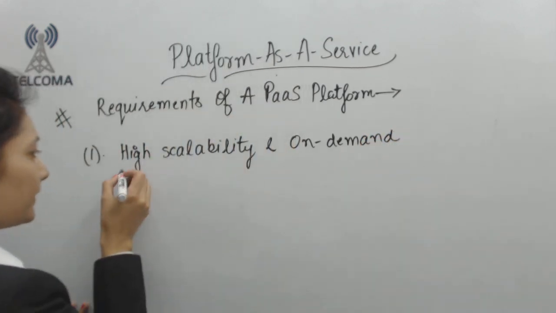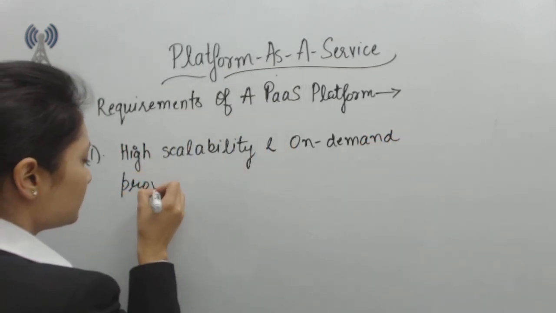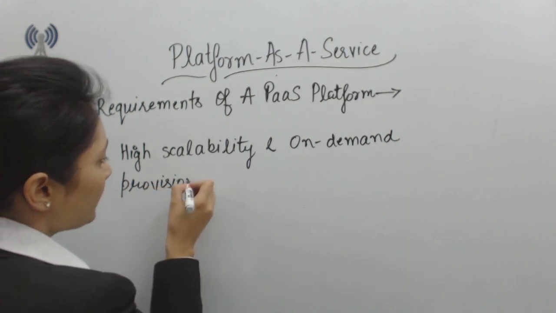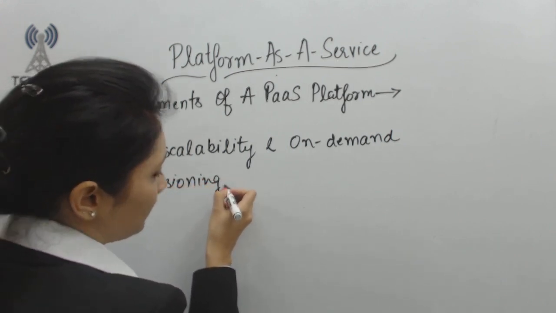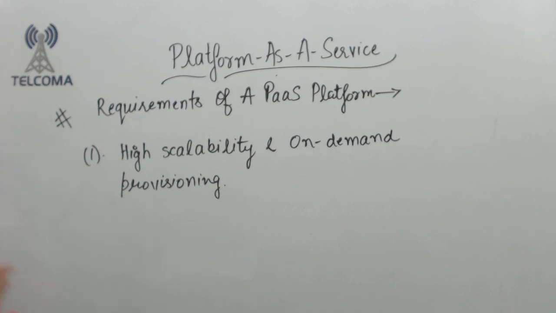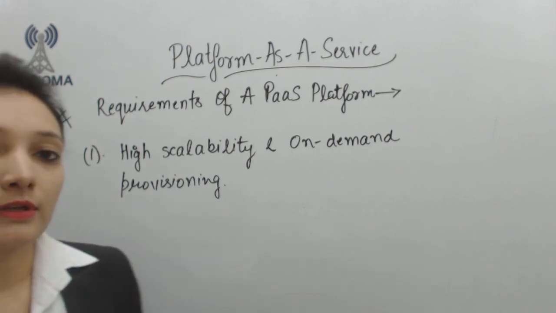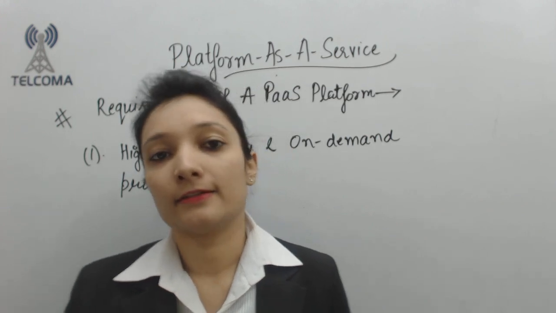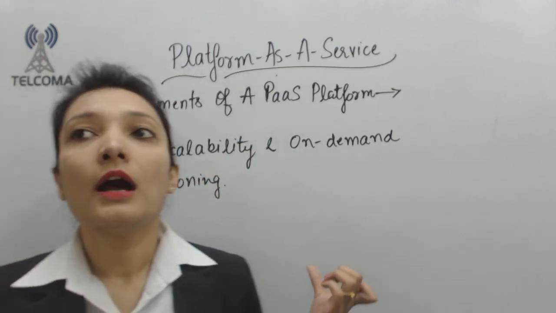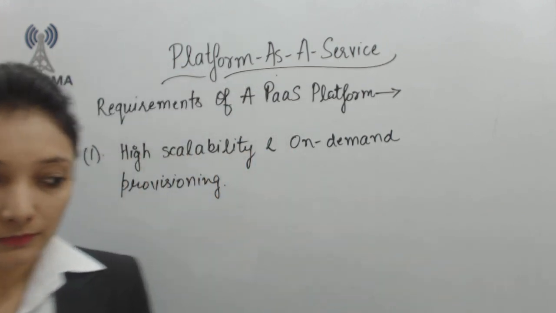This is the first requirement because what we require for a cloud infrastructure is scalability and on-demand services. So it should provide the provisions for on-demand services.